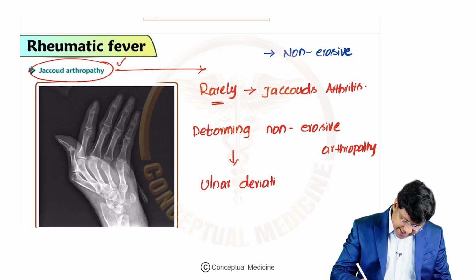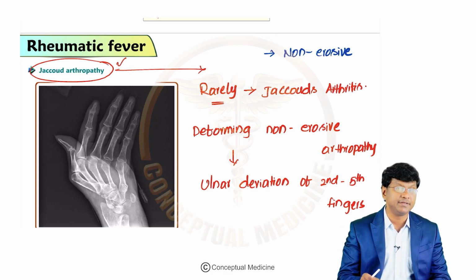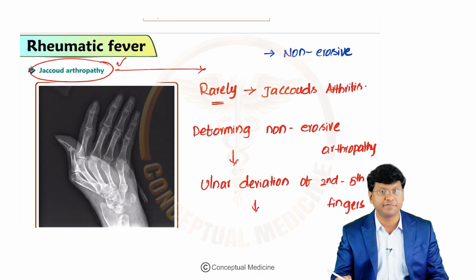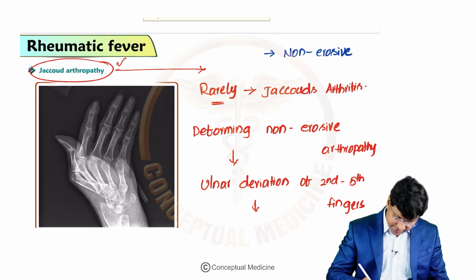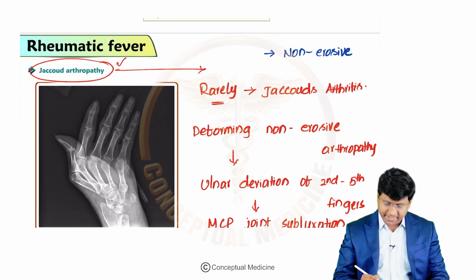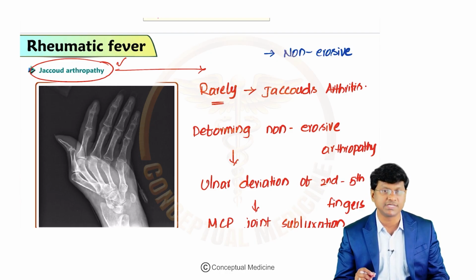Okay, that is what will happen in Jaccoud's arthropathy, right? And that too, which particular joints of the 2nd to 5th fingers? That is metacarpophalangeal joint subluxation will be there, right? Metacarpophalangeal joint subluxation occurs. That is what will happen in patients with Jaccoud's arthropathy.